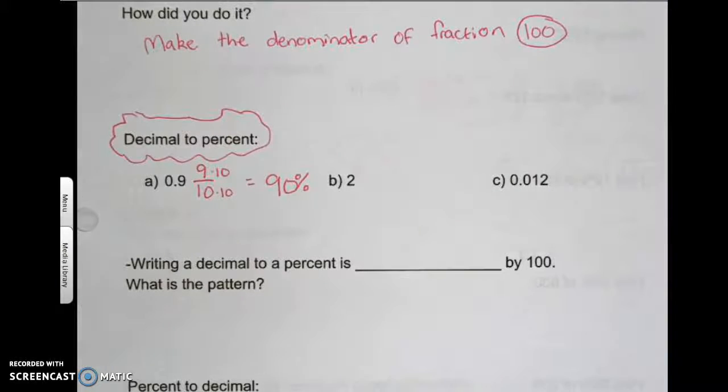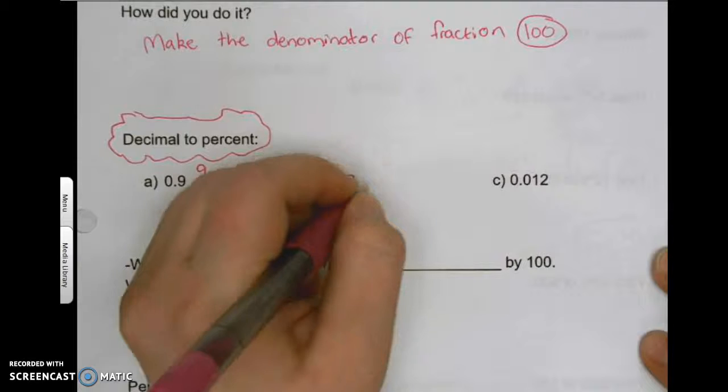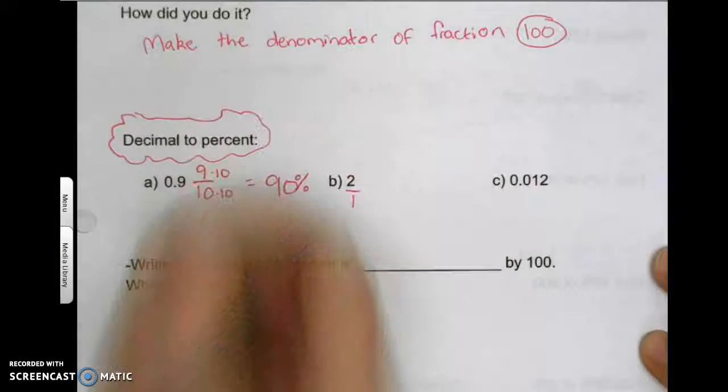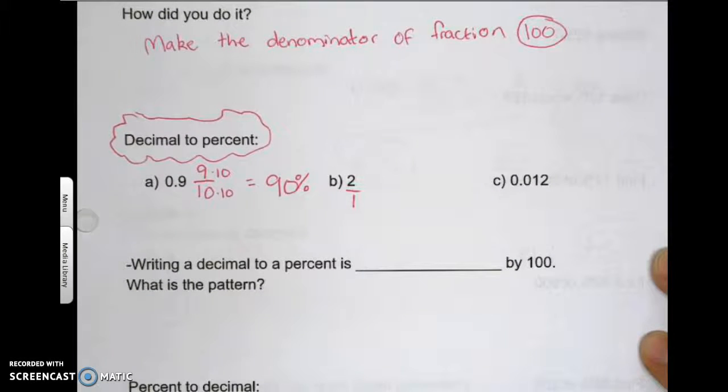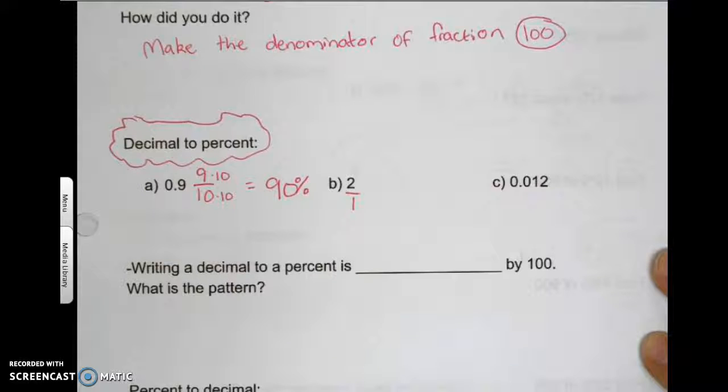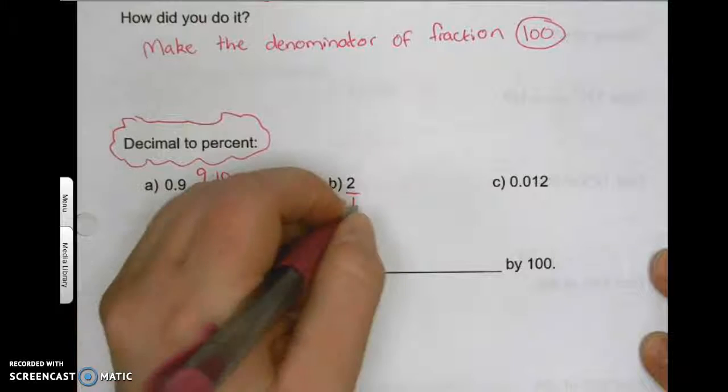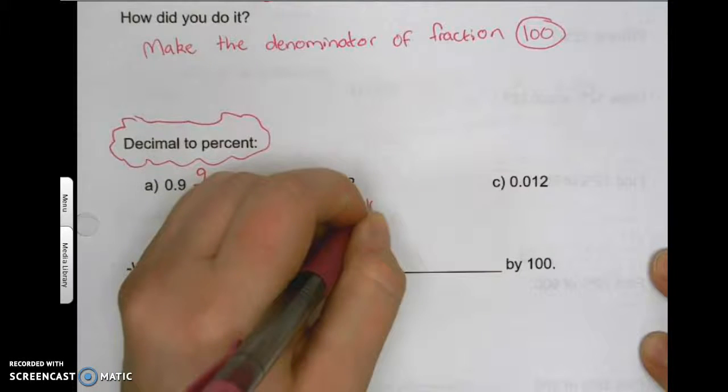Letter B is a little trickier. We're still going to make it a fraction first. So changing 2 wholes into a fraction. Whenever you have a whole number, the denominator is 1. So now if I have 2 over 1 and I want to make that a percent, I need to change this 1 into 100.